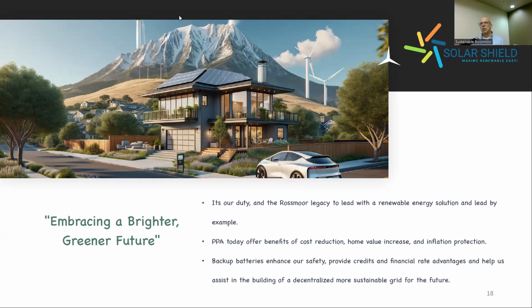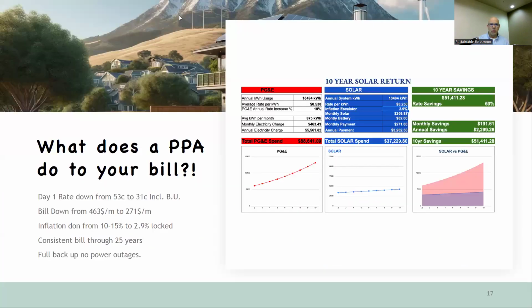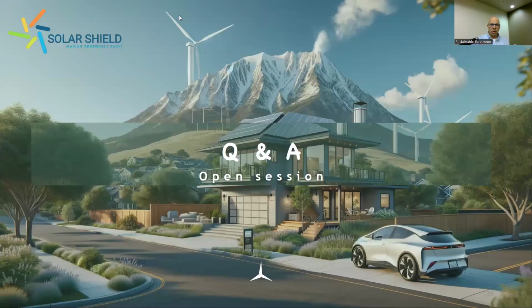I say almost entirely because we're still connected. We still have some advantages and disadvantages, but most of our power is produced by the sun and fed into our houses.